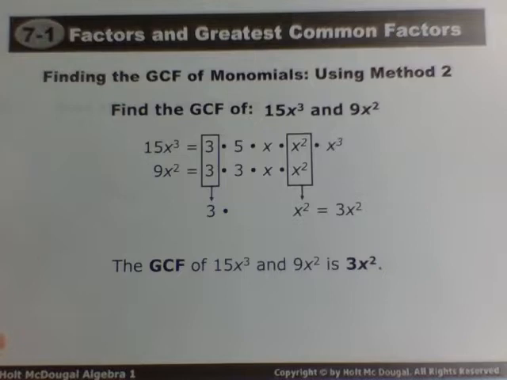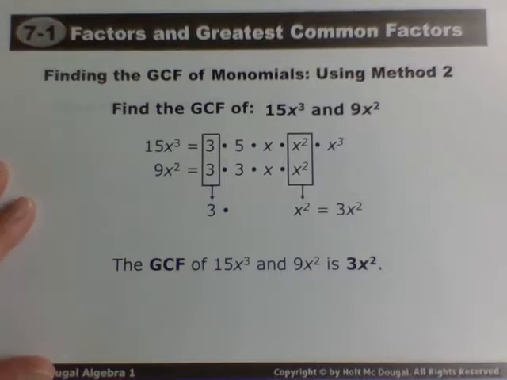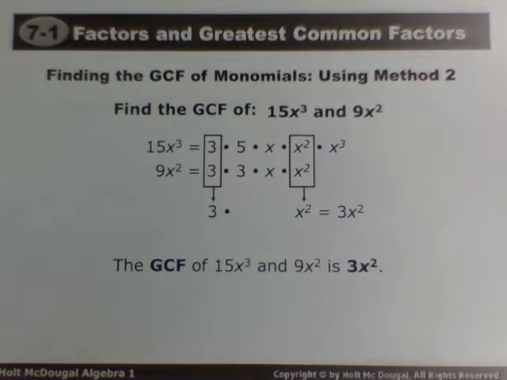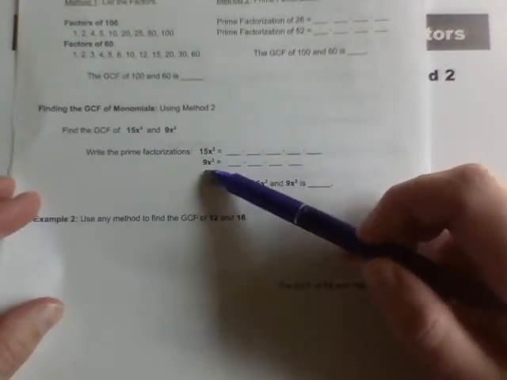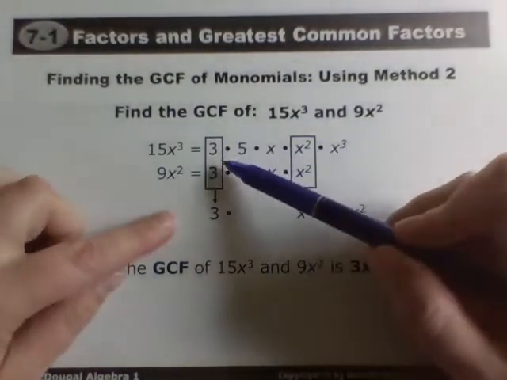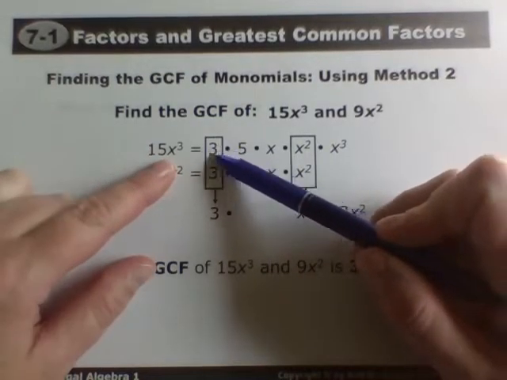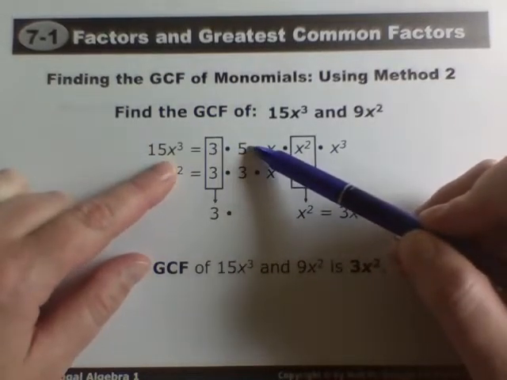So the next piece here is kind of broken down already, and again, if you're following along on the notes, we have this example listed in there with 15x cubed and 9x squared. So 15x cubed comes from 15, which has 3 times 5 as its prime factors.